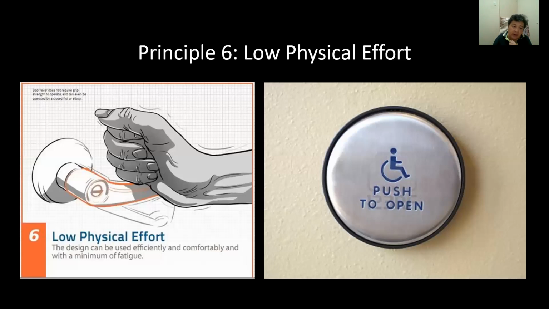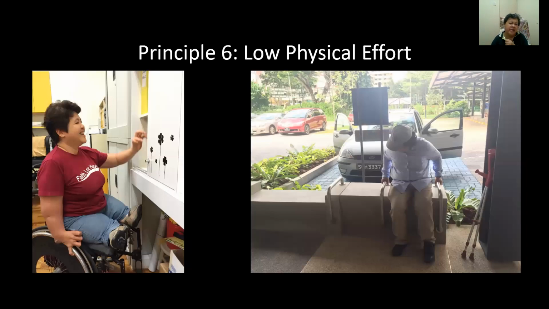So in here, some people without fingers can push this lever door knob. It's not a knob, but a lever door, and also the best is push to open, push button operation. Low physical effort also means providing some sort of elements to the product.